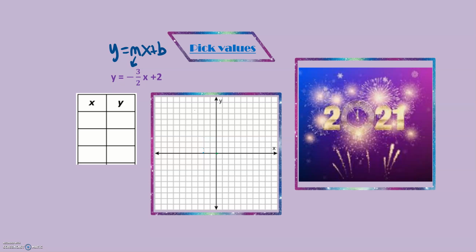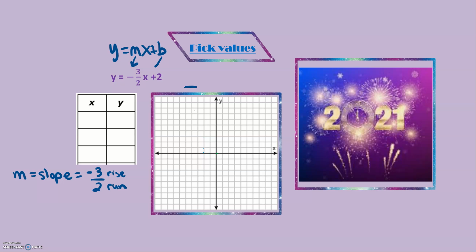Our m is that coefficient, which is our slope. And that coefficient is negative 3 over 2, where our rise is negative 3, and our run is positive 2. We know that it's going to go in the negative direction.